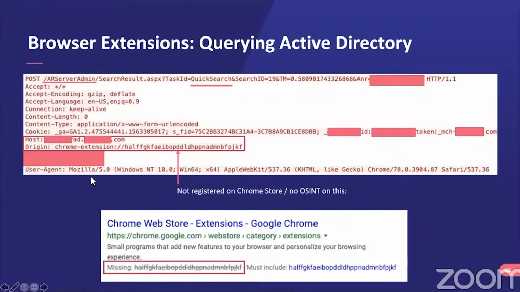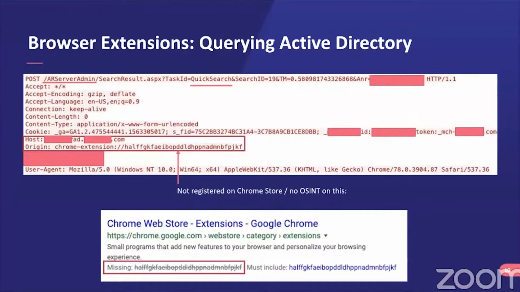And so the interesting thing here is that we can easily take this value out, Chrome extension with this random ID, and that is how Chrome extensions are recognized by computers and on the web store as well. And so we can see from a quick Google of this value that it's actually missing, the Google Chrome store is missing this. So in other words, Google does not approve of this browser extension.